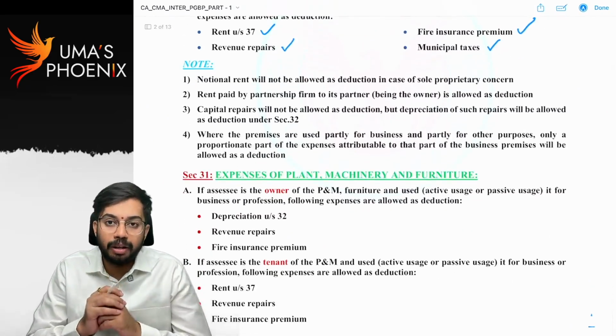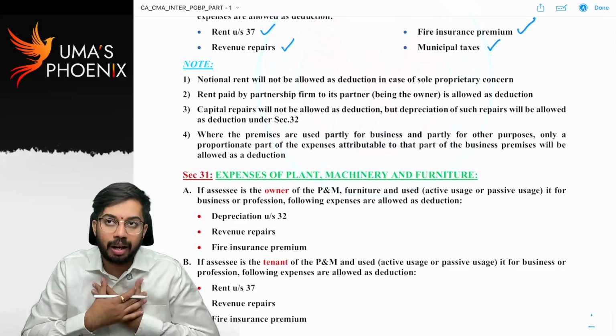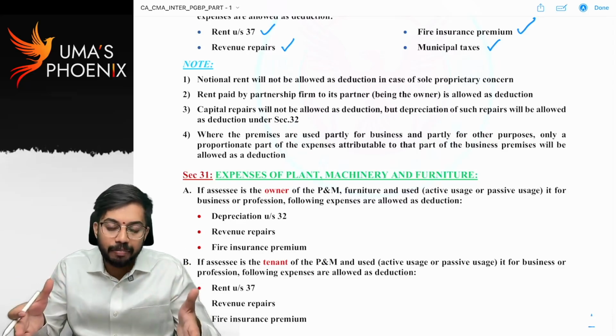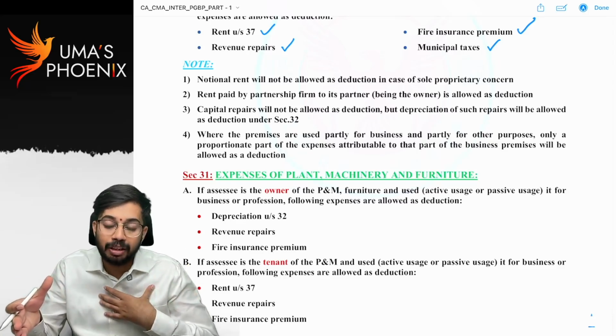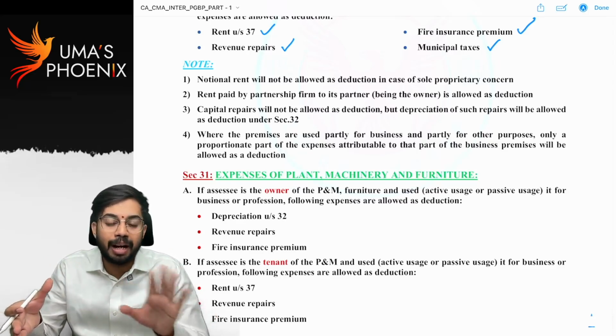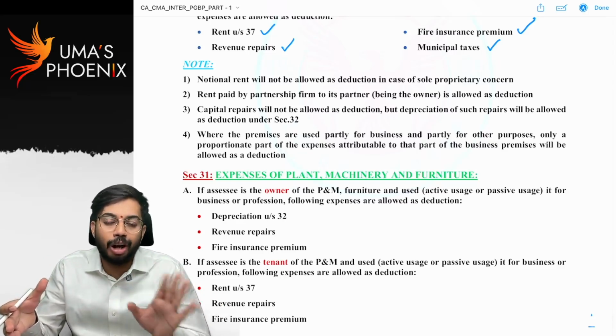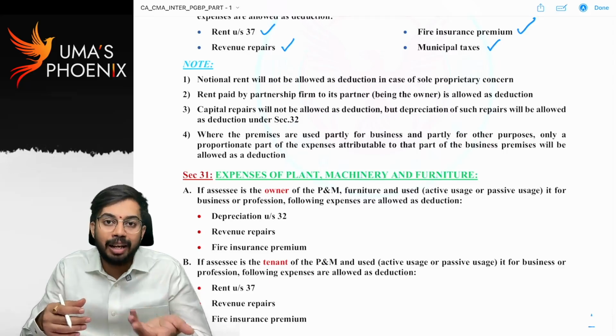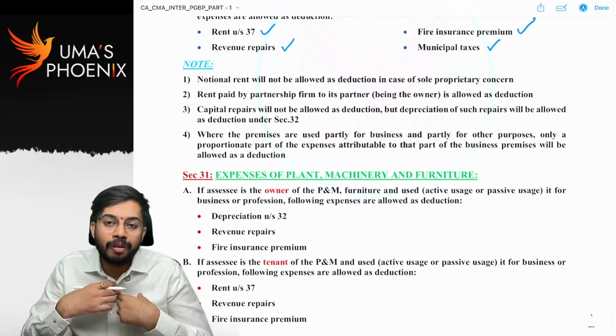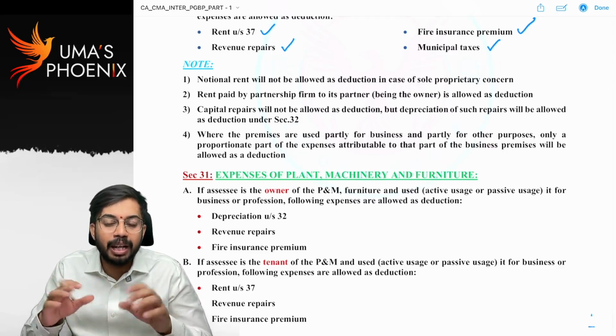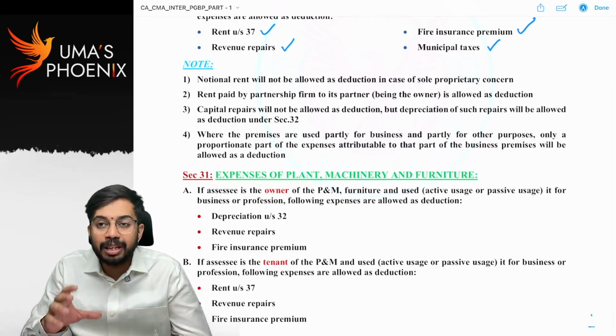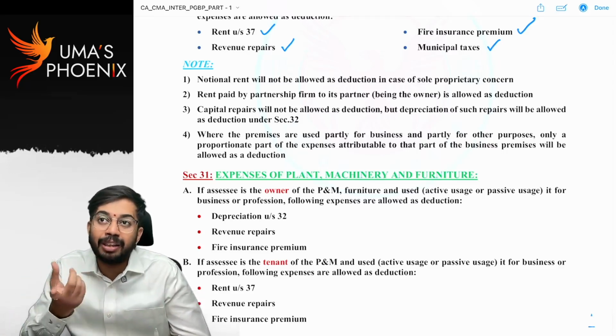Another important point. I am a sole proprietor. I own this building. I am claiming depreciation. At the same time, I cannot claim rent as deduction. I should not speak logic now. Let's say I am telling like this. I am the owner of this building. If I do not use this building for recording and if I give this building on rent, I would get 10,000 rupees.